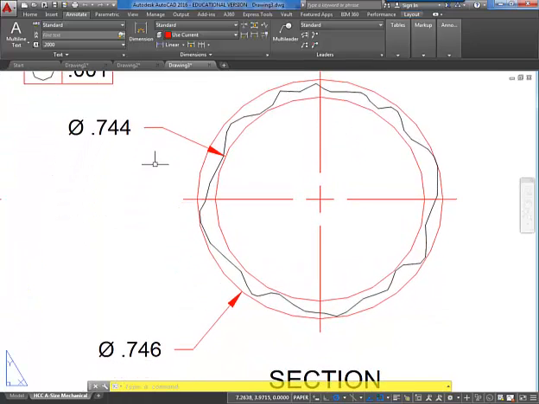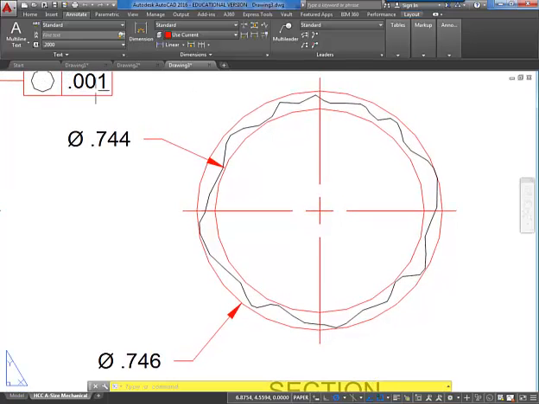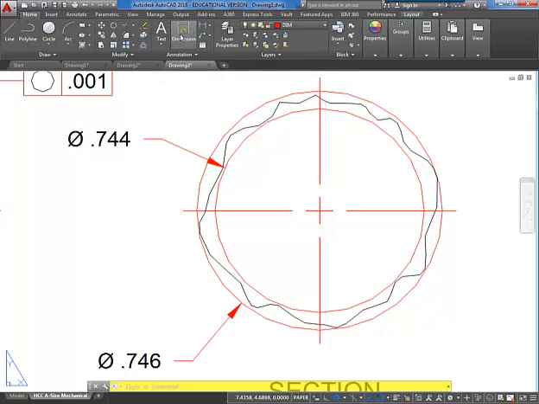So if I've got .744 is my inside and .746 as my outside, would that be a good part? So keep in mind that this is most likely not to scale.